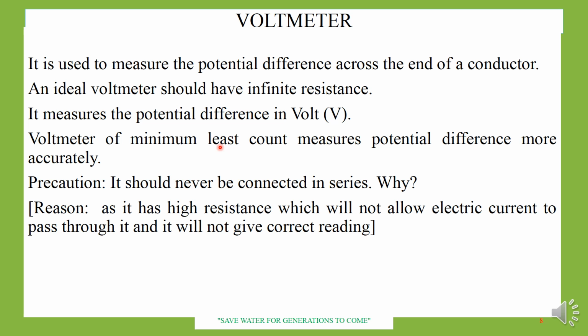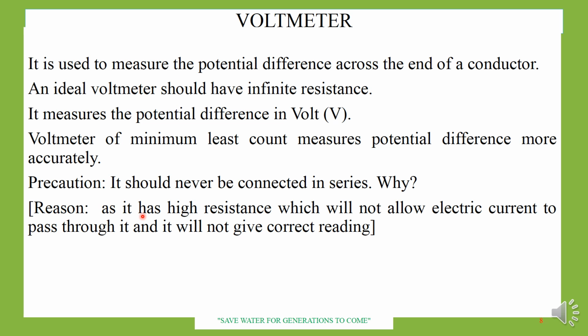While using the voltmeter and ammeter, we should take some precautions and be very careful. The ammeter, if you try to recall, is used in electric circuits in series, because it allows current to pass through it; it has to measure the electric current passing through it. But the voltmeter should never be connected in series. This is a good question for competitions: why should it not be connected in series?